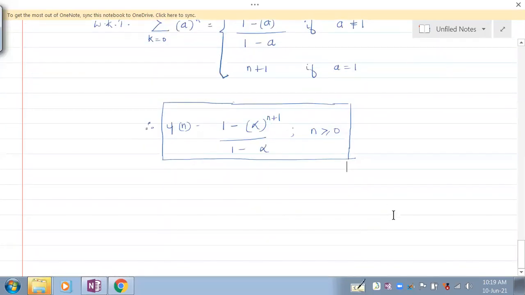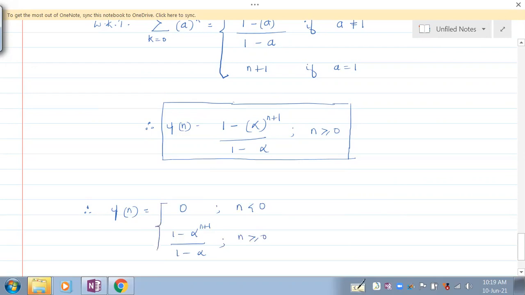Fine. So therefore we can say y of n is 0 for n less than 0, and 1 minus alpha to the power n plus 1 divided by 1 minus alpha for n greater than or equal to 0.